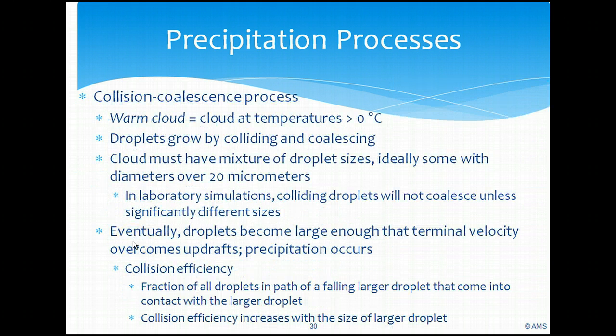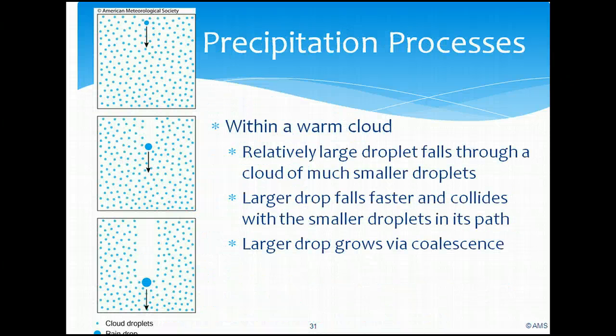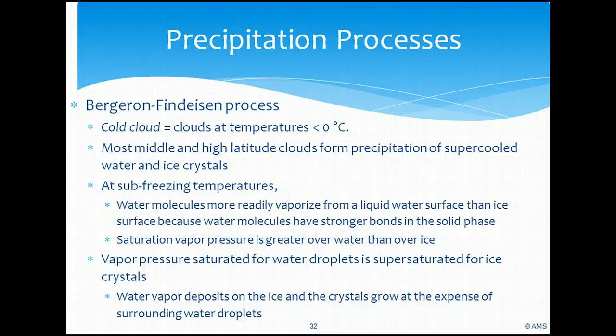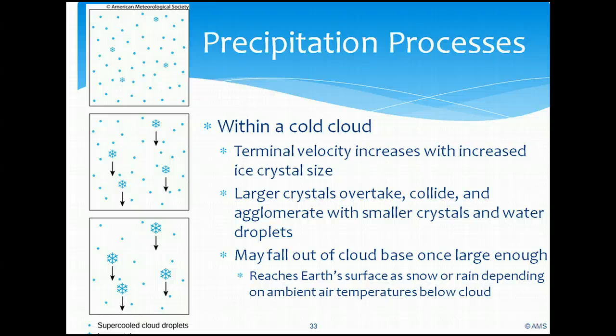The next 4 slides or so give you some idea about these various processes, so take a minute and look these over. They're fairly self-explanatory, so I won't take time going over them at this point, but these 4 slides help you appreciate the 2 different processes associated with precipitation.